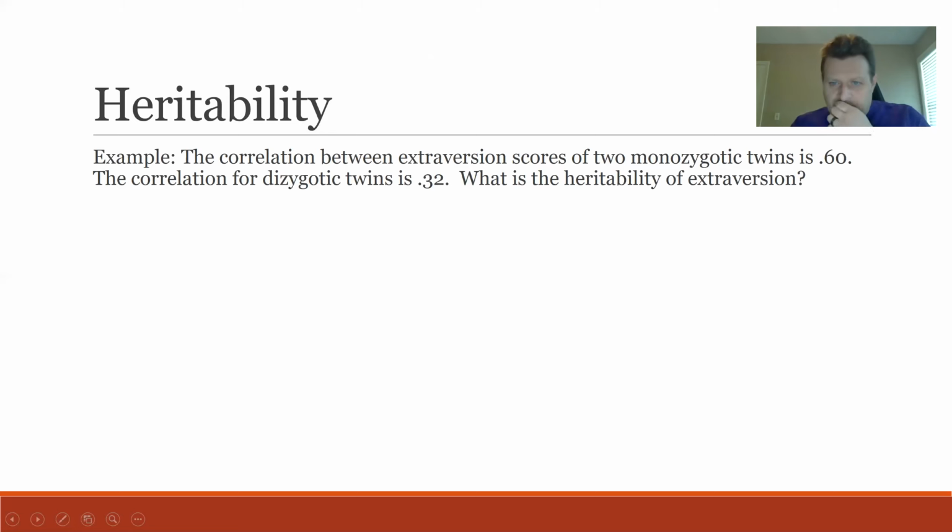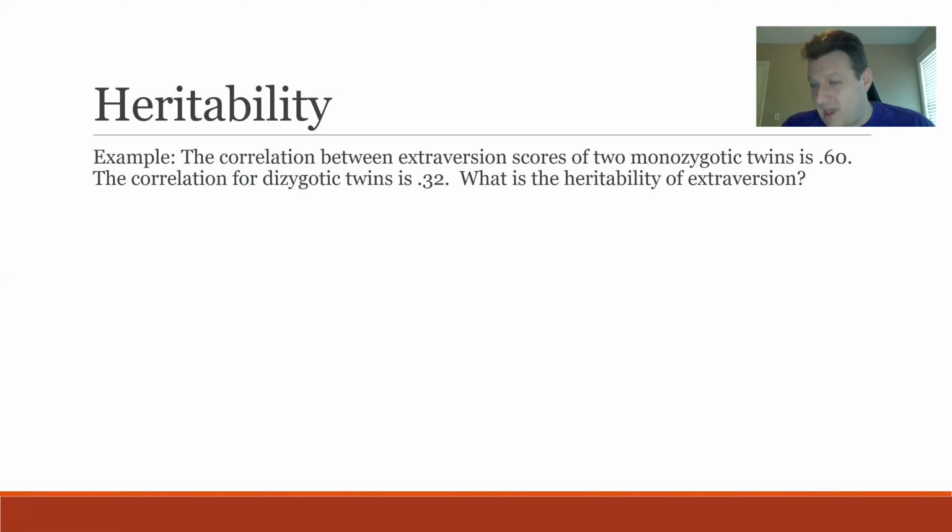So we do our twin study, and let's say that we're looking at extroversion. We find that with our tons of monozygotic twins, the correlation between extroversion scores of twin 1 and twin 2 is 0.6. Fairly sizable correlation. But for dizygotic twins, the correlation is about 0.32. Let's go calculate the heritability.